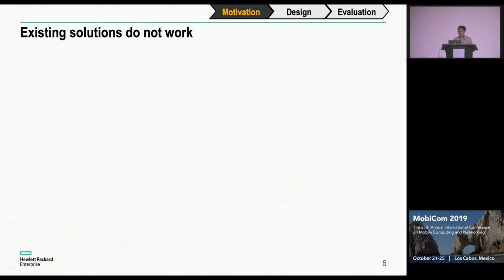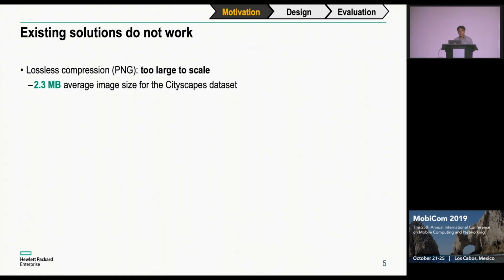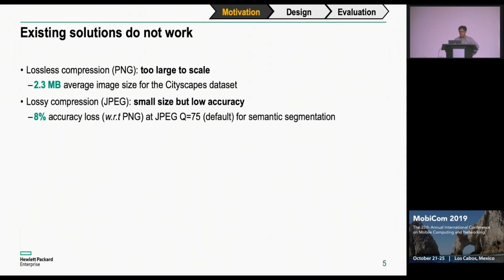Obviously, compression can help, but they also have some limitations. Our experimental result on semantic segmentation shows that lossless PNG compression produces more than 2 megabytes of file size, which is simply too large for edge inference architecture to scale.